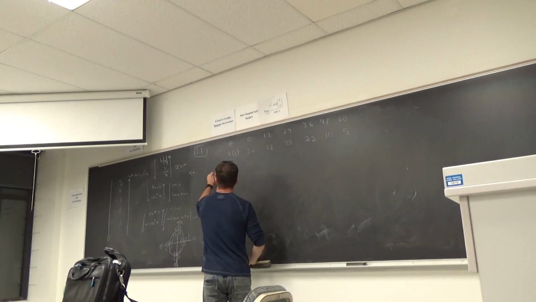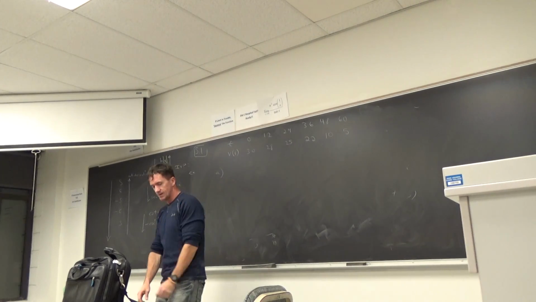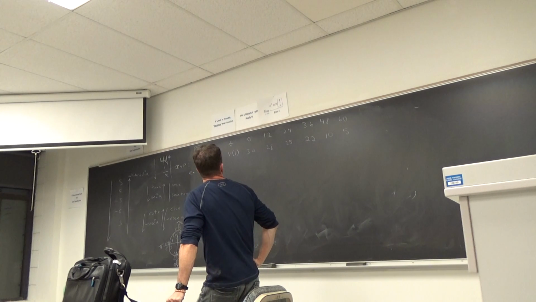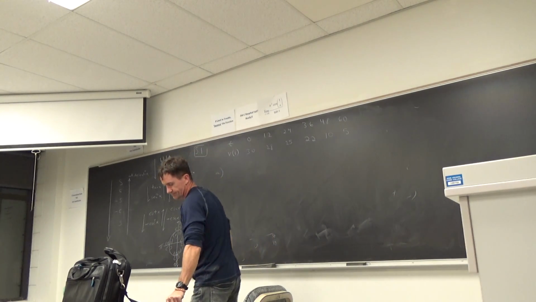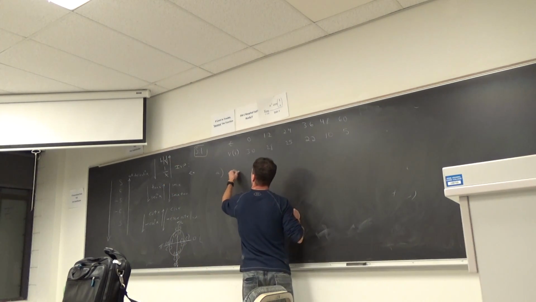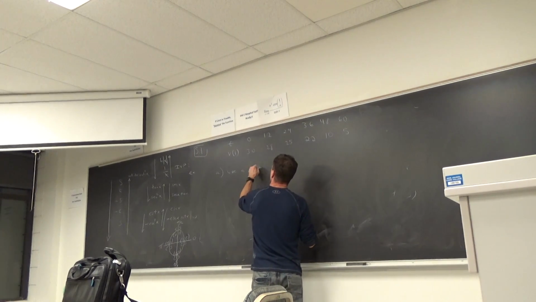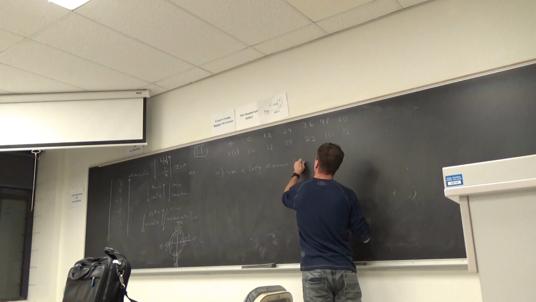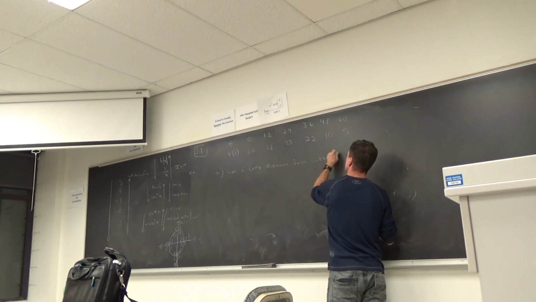So, letter A. I want you to use a left Riemann sum with 5 subdivisions.